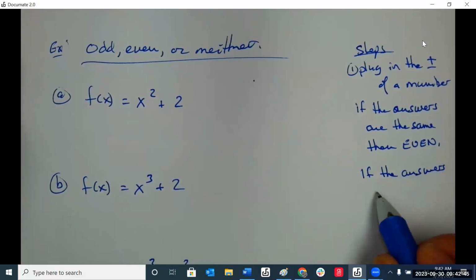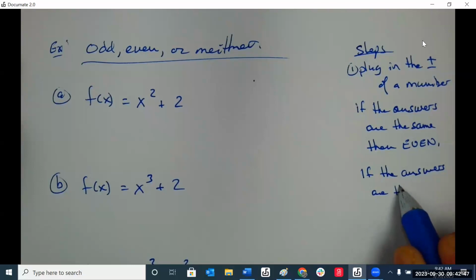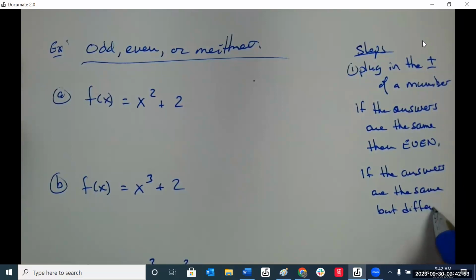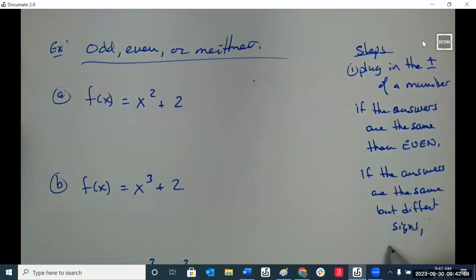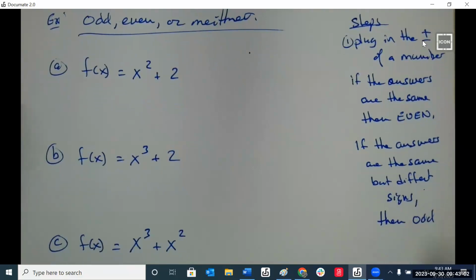If the answers are the same, but different signs, then odd. Else, neither.